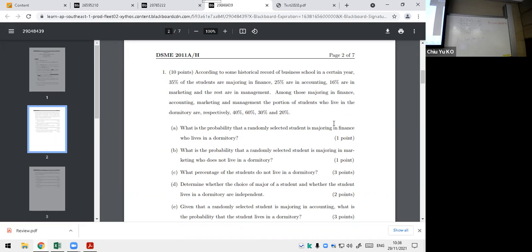At the end it's 0.7 times 0.16. That's the answer.